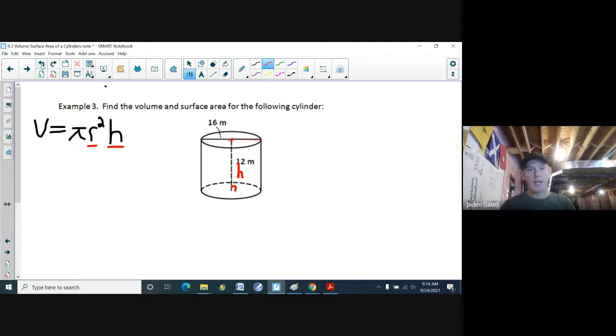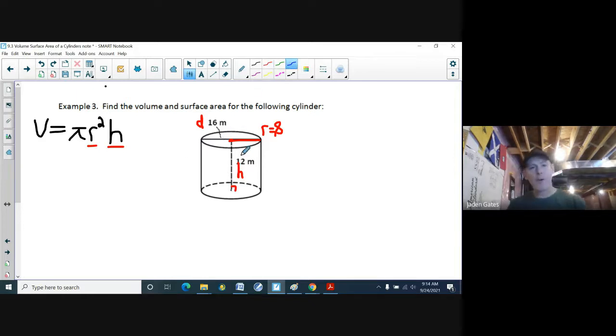If I get rid of that red line again, see that line's telling you that 16 is all the way across. So that's actually what's called your diameter. We only want halfway across, so we take half of 16. So half of 16 is 8. So there's a little catch there. But the rest is the same.